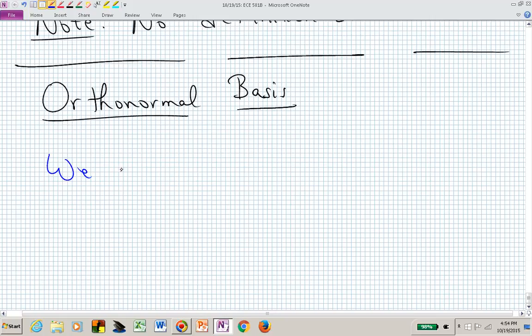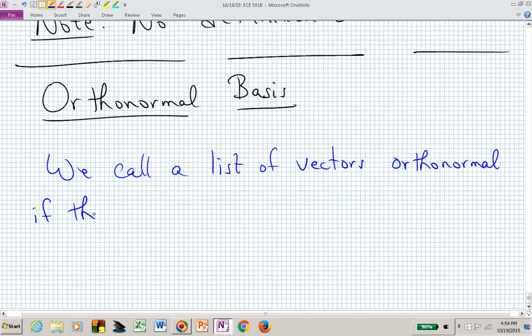Here we call a list of vectors orthonormal if the vectors are all pairwise orthogonal.